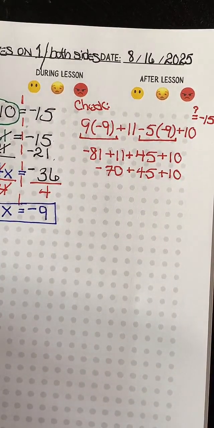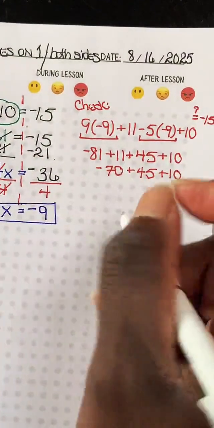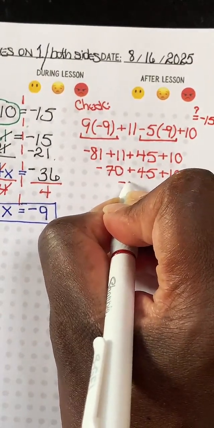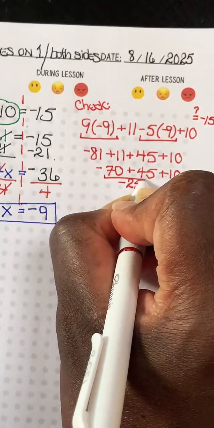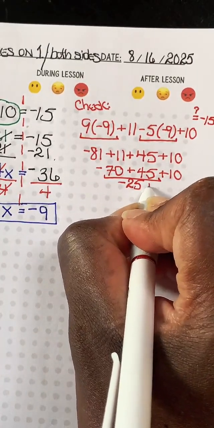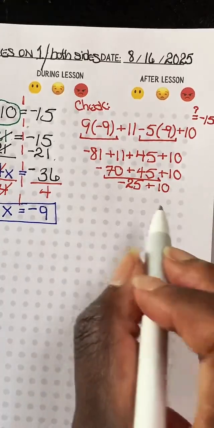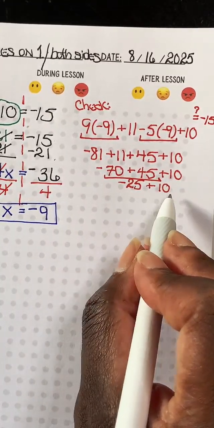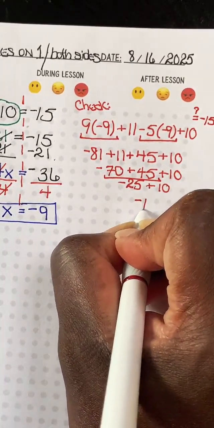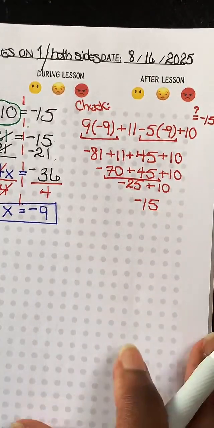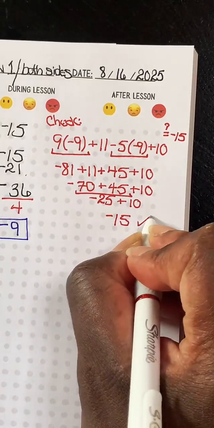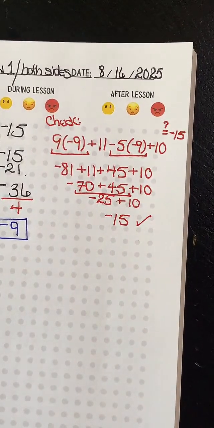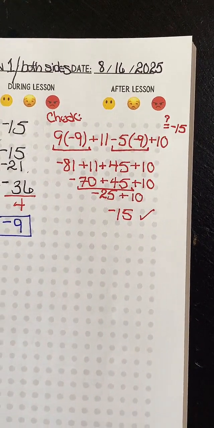So if we have our -70 plus 45, sorry guys, that gives me my -25, because I combined these two. Bring down my plus 10. And -25 plus 10, that gives us our -15. And that's what we were looking for. So that answer of -9 does work for us.